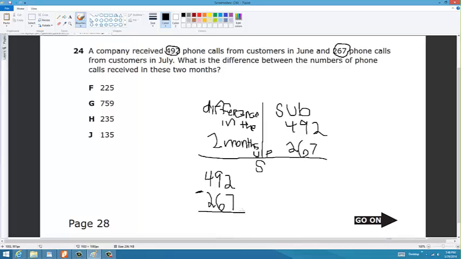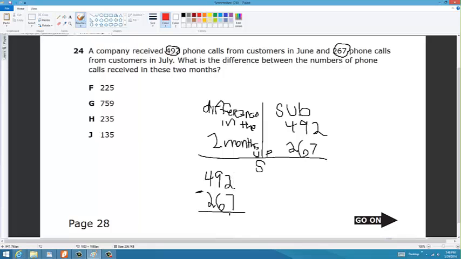Now what we need students to remember is that they have to line up the place value. So we want all of the ones to line up. We want all of the tens, all of the hundreds, and possibly even thousands that they might have to subtract. If we do not line up this place value, then we will not get the answer right. But if we line this up, students have a great shot at getting this answer correct.